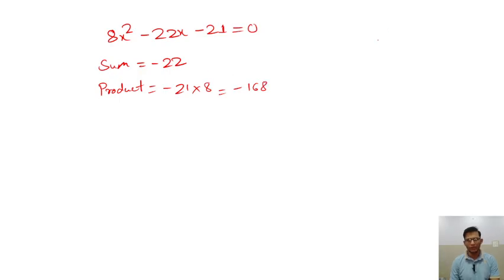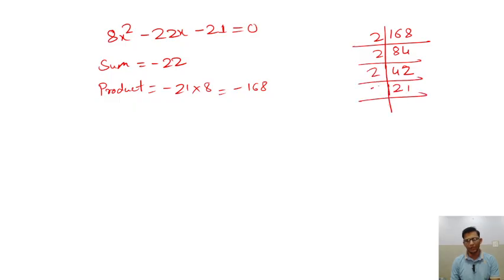So what you have to do is factorize this 168. In the very basic method you can write it as 2 8s are 16, 2 4s are 8, 2 2s are 4, and divide with 3, 7s are 21. So you can write 168 as 2 into 2 into 2 into 3 into 7.